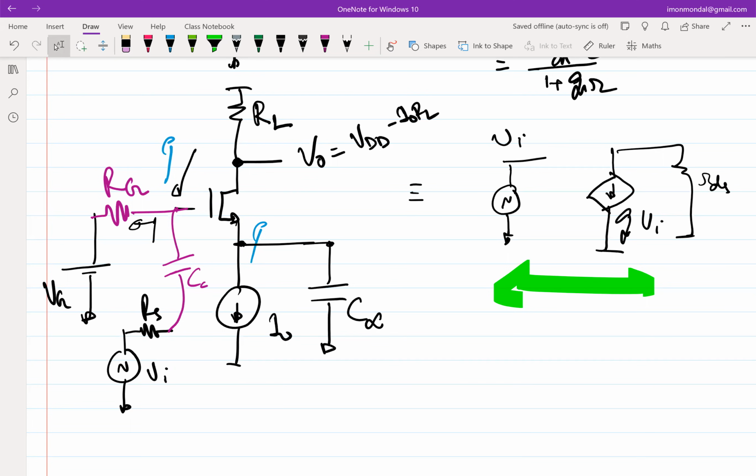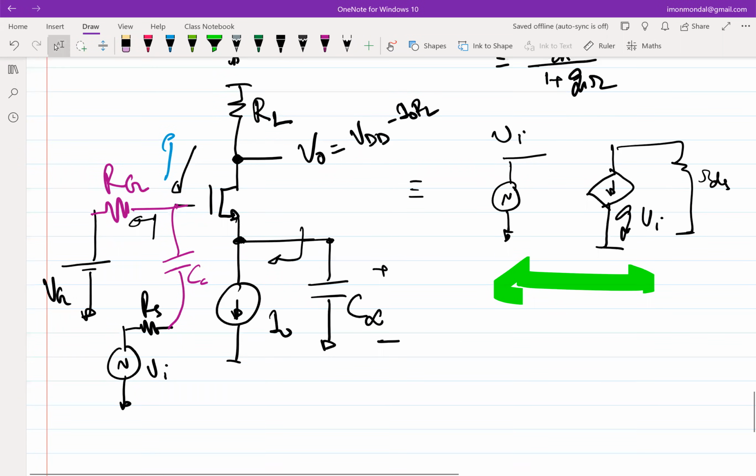Correct, right? As he said, the other way of looking at it is you find out the time constant associated with that node, and then assume that the time constant is much larger than 1 over the signal frequency, right? So what is the time constant in this node? What is the time constant associated with this capacitor? Right, 1 by GM, because ultimately the impedance looking here is 1 over GM.